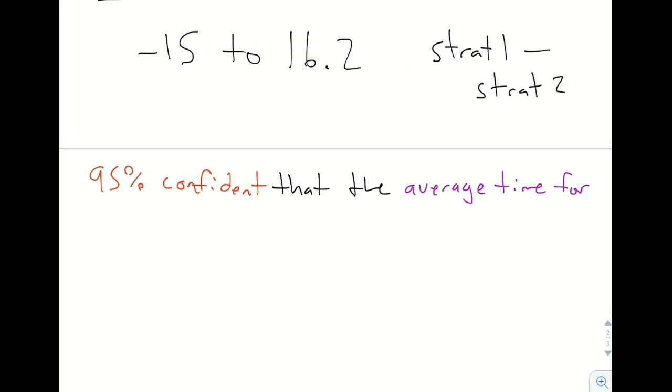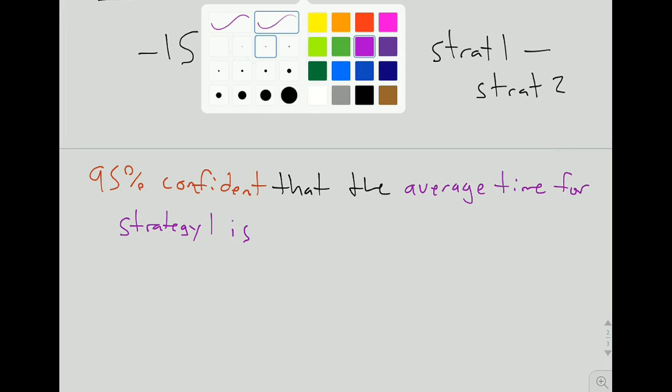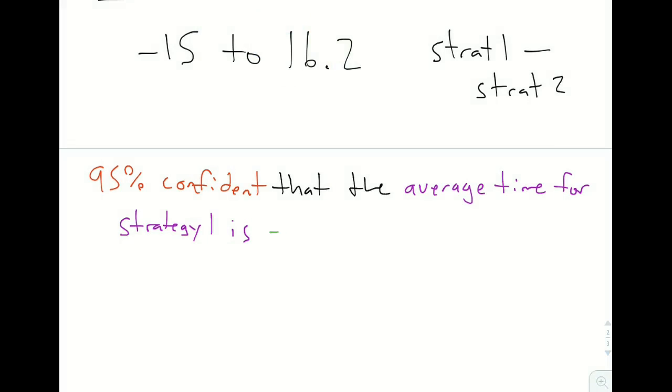For strategy 1, is, and then we put in our actual interval, so -15 to 16.2 in our units, seconds, because our quantitative response was measured in seconds.